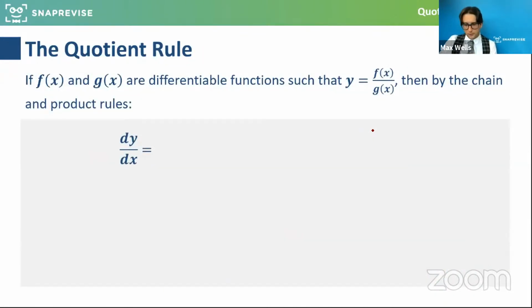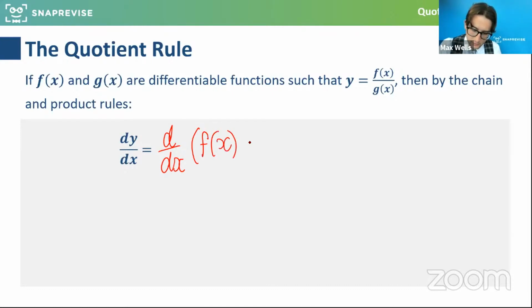So if we look at creating a rule for this, what we've basically done for all of these problems so far is deal with a scenario where we have f of x times g of x to the minus 1.